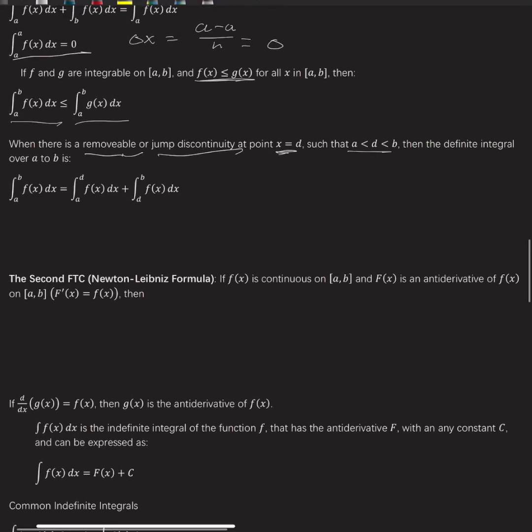And this is about the second FTC. This is probably the most important one.